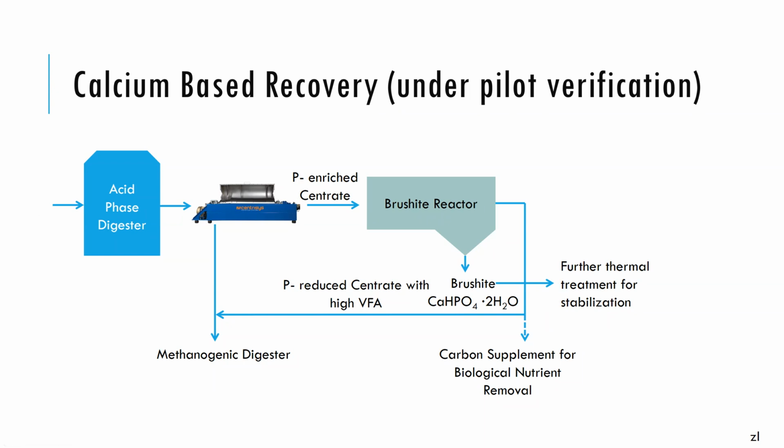In addition to that, this process can be modified to use as a carbon diversion technology that diverts a certain portion of the highly concentrated volatile fatty acids into a mainstream biological nutrient removal process that is considered to be beneficial and economically friendly for biological nutrient removal. Next slide, please.